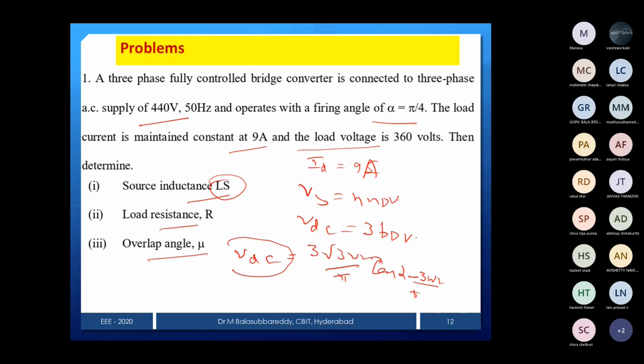Now VDC is known, Vm is known, and alpha is given. In the minus factor 3 omega Ls by pi into Id, only Ls is unknown. Id is known and omega is known, 2 pi f. Then directly you'll get Ls. So that is the first bit.